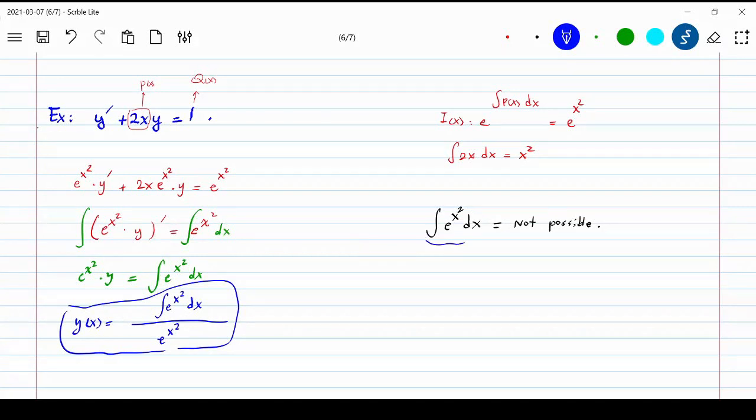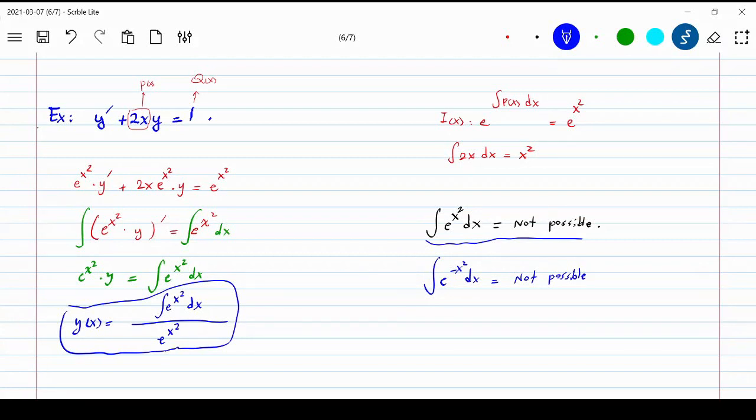And this e^(x²), and similarly something like e^(-x²), is not something that we can calculate. It's not possible to find the integral as a function. If there were boundaries, then there are tricks to calculate, but at the moment we don't know those.